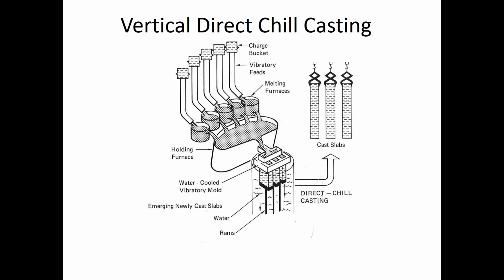furnace into these water-cooled molds, and the slabs and rams at the bottom. This is usually in the floor of the mill, and this is your cooling zone, and the rams, or the bottom holding items, move down vertically until the slab is complete. Then the pour is done. The melt pour from the furnace is stopped.